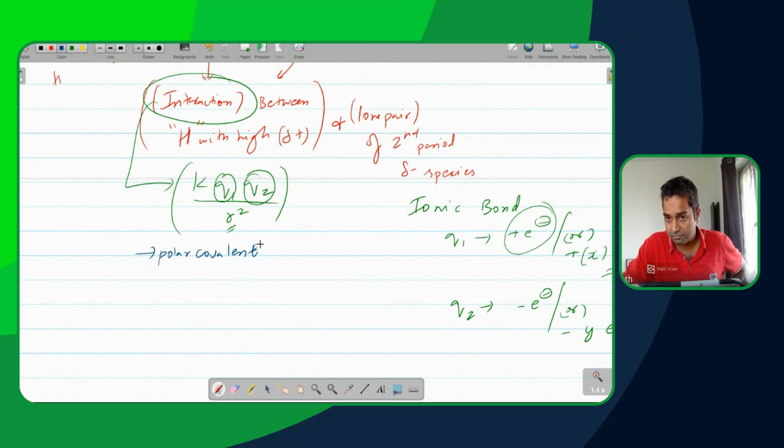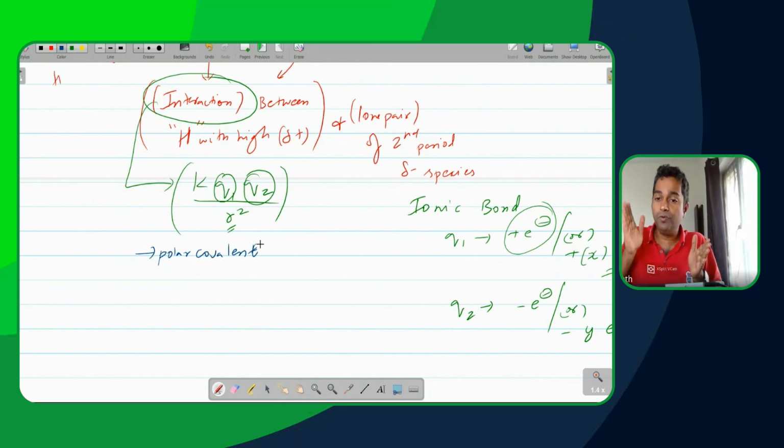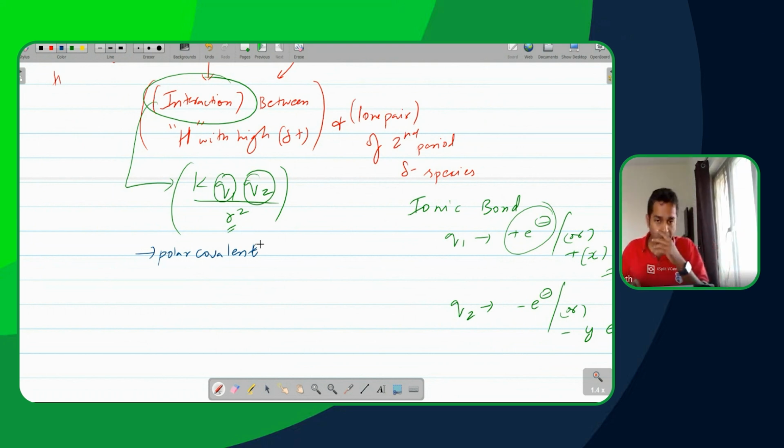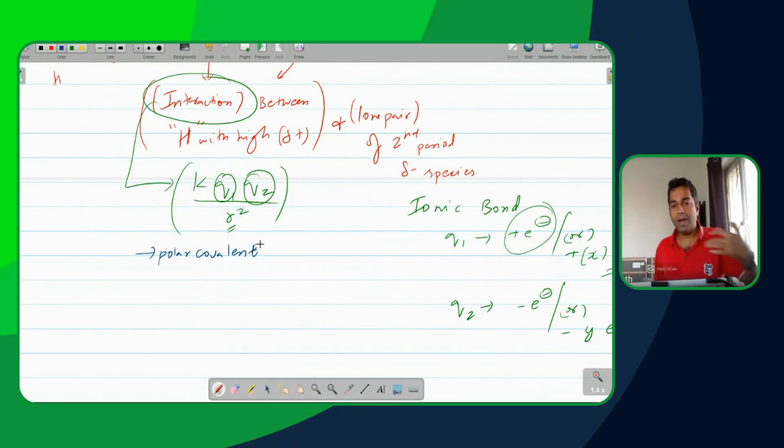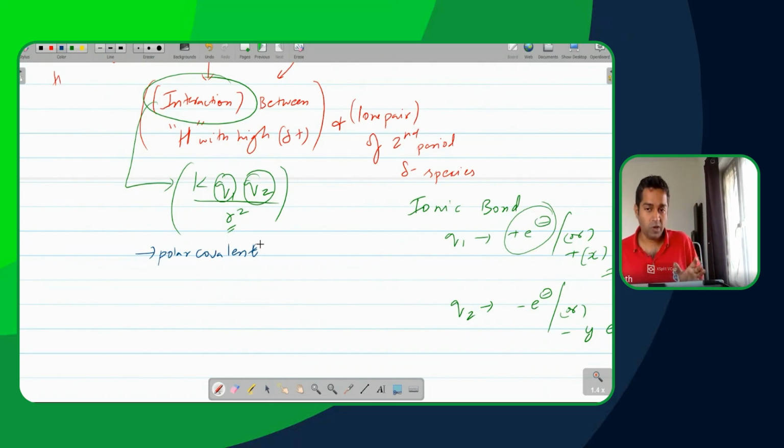HF. And in HF, you have an electronegativity difference of about 2. So when you consider polar covalent bonds, that is the most polar covalent bond available, with the maximum polar covalent attraction possible.